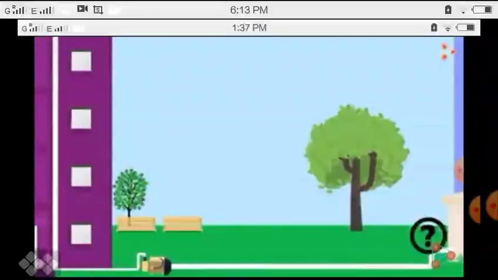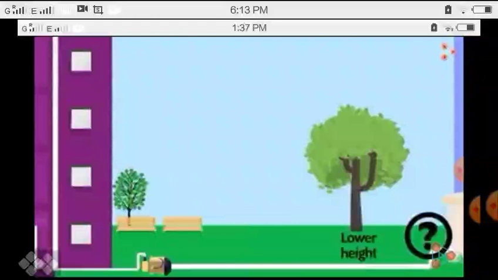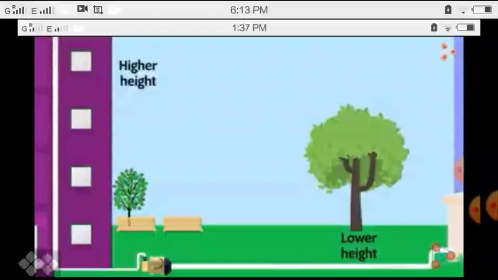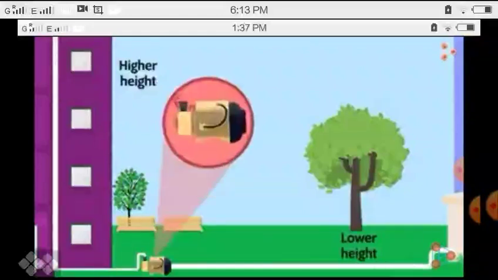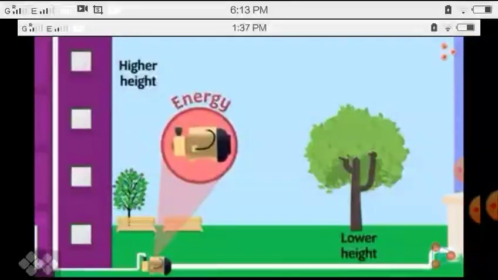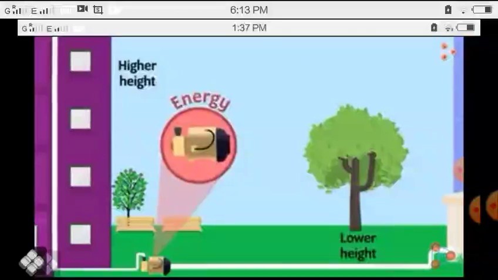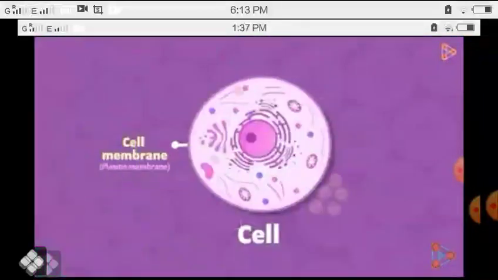Tell me one thing, how do we transport water from a lower height to a higher height? We need a pump, because this does not happen on its own. A force or some energy is required to pull the water upwards. Similarly, in a cell, some molecules have to be carried inside or moved outside the cell.